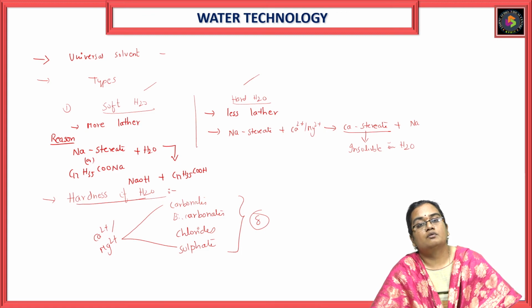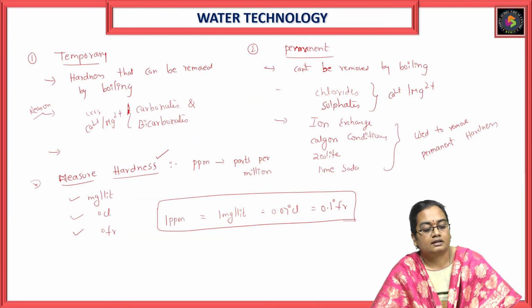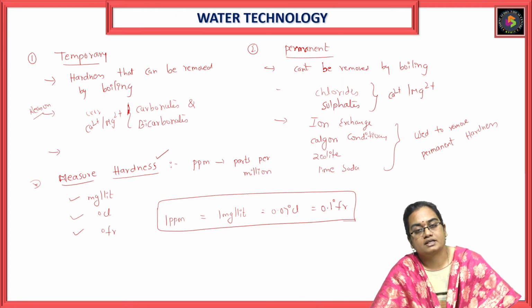Next, why hard water gives calcium stearate: it is because of hardness, which we discussed there. Later we discussed how many types of hardness there are, temporary and permanent, how to measure hardness, and the relation between the hardness.